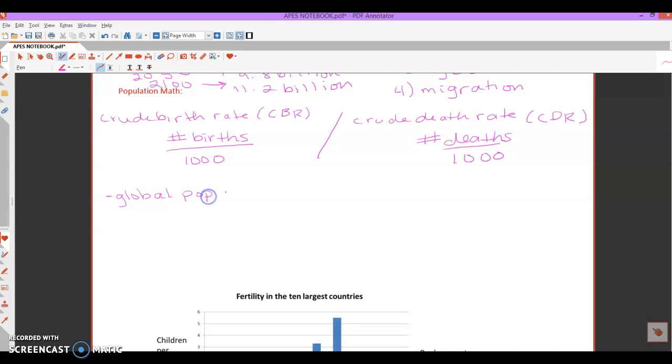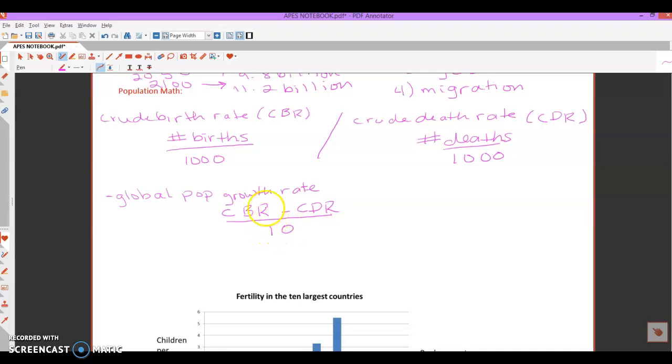Remember, we have to look at births and deaths. So the global population growth rate is going to be the crude birth rate minus the crude death rate divided by 10.